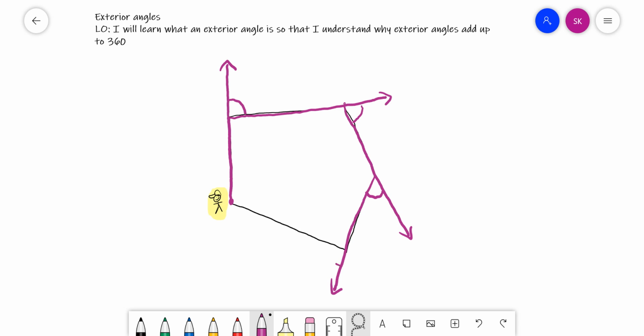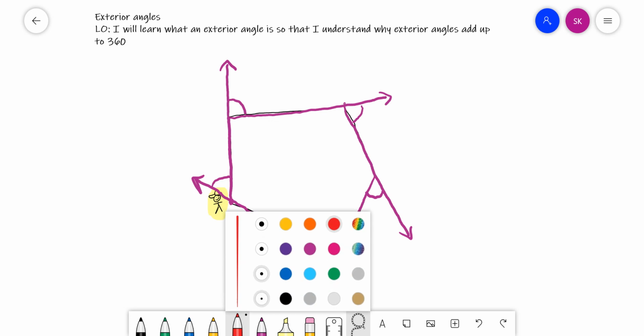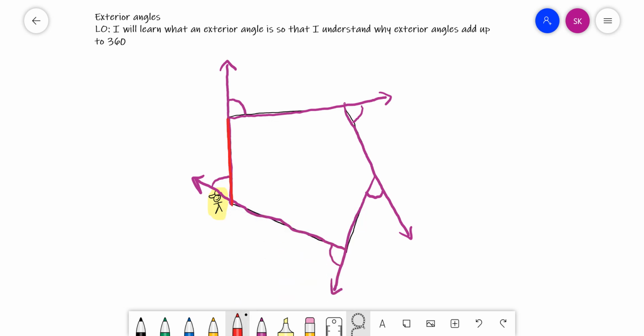And then he has to turn this way so he's back on the home straight. And we want him to turn around and face exactly where he was at the beginning, so he turns back there. So he started off facing in this direction, and he ended up facing this direction.